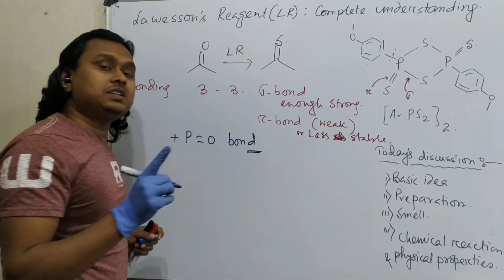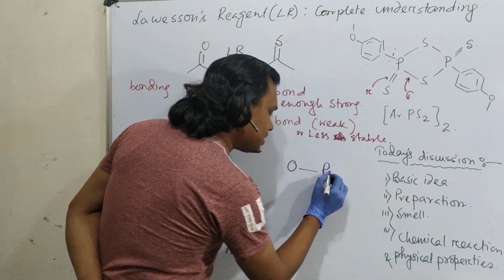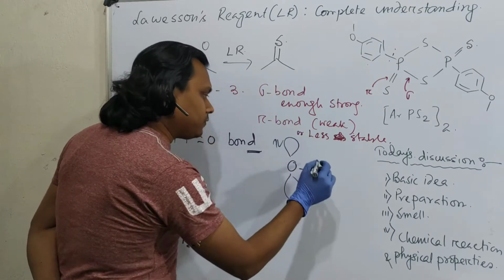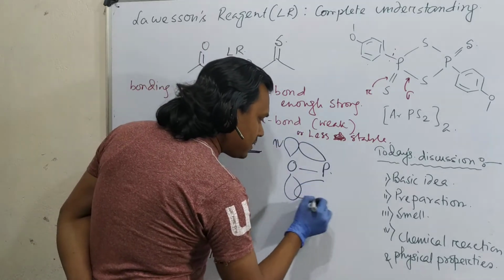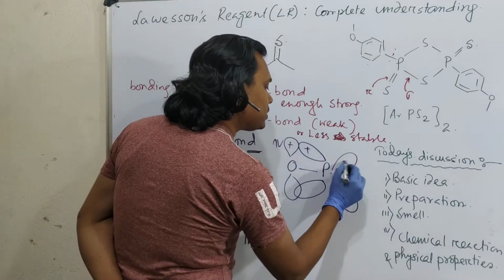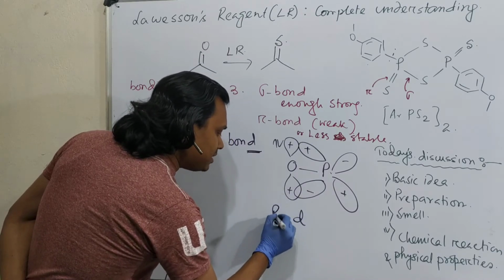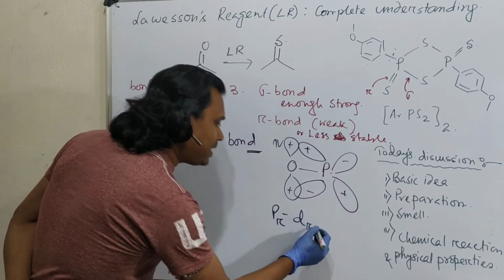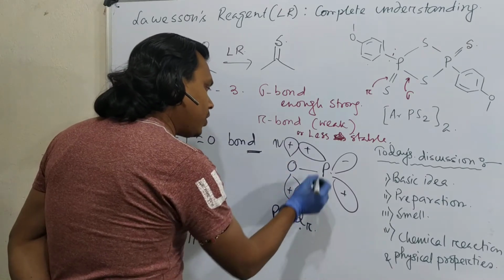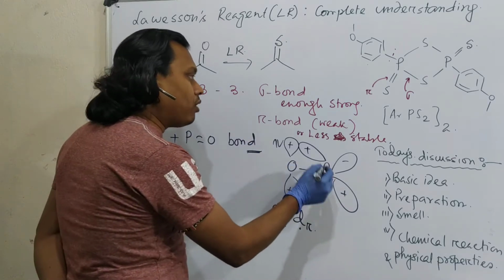That is the main reason for this reactivity. If you consider this oxygen-phosphorus bond, the filled p orbital of oxygen can overlap efficiently with the vacant d orbital of phosphorus. This is called p pi-d pi back bonding, with p from oxygen and d from phosphorus, and it makes this bond stronger.